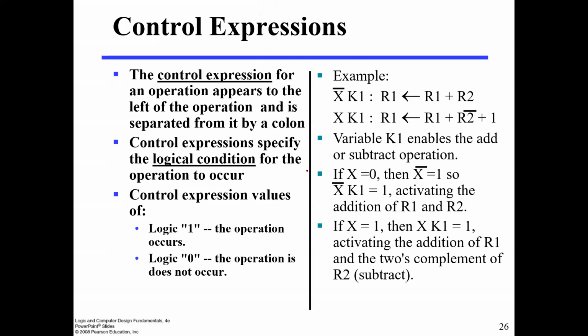Okay. Now we'll talk more about the control expression. So we said the control expression can be a function. Let's say, for example, you have two control signals, which are K1 and X. K1, as a definition, will be the enable signal of your adder or of your add-subtract unit.